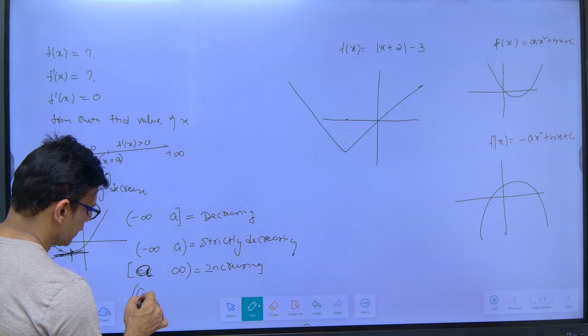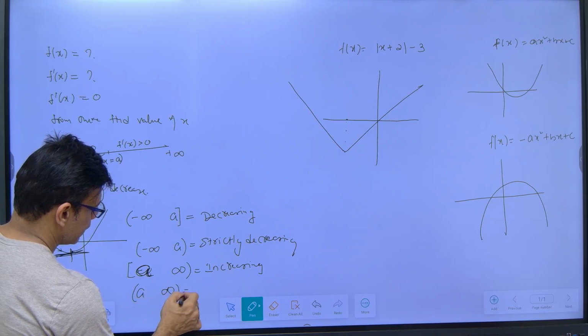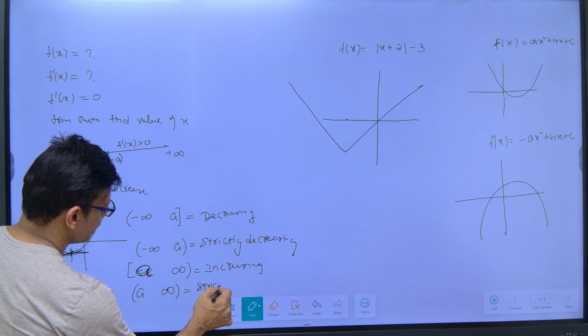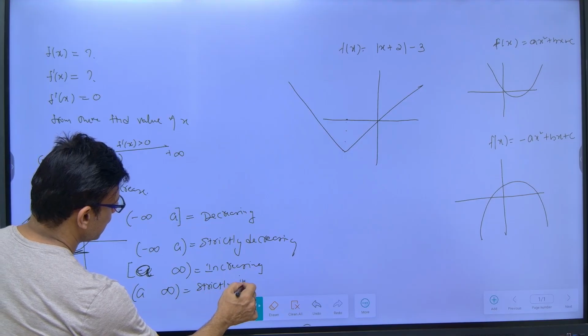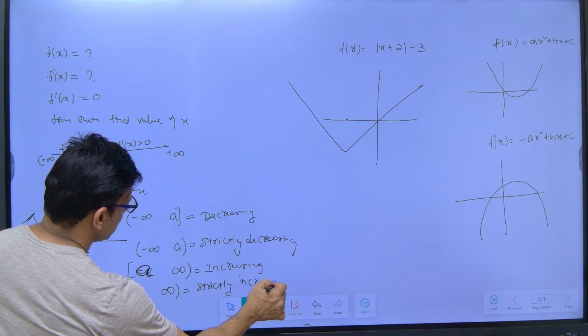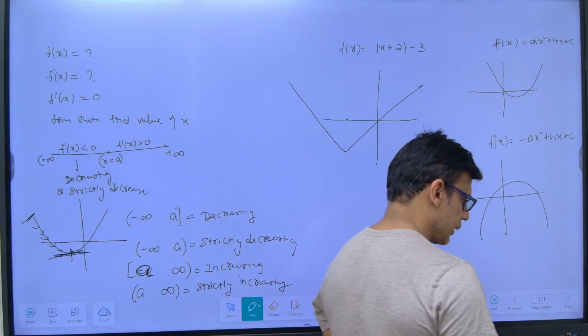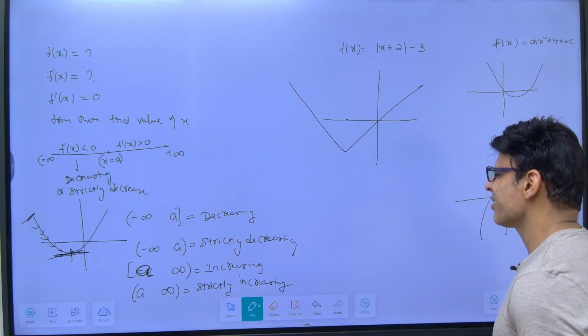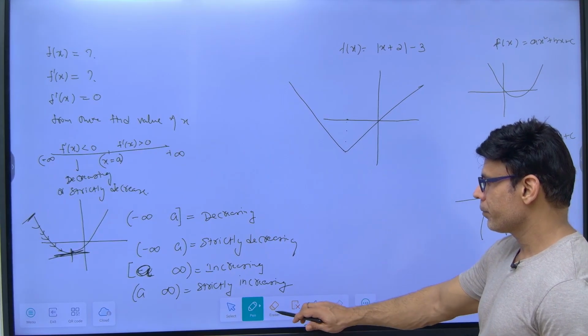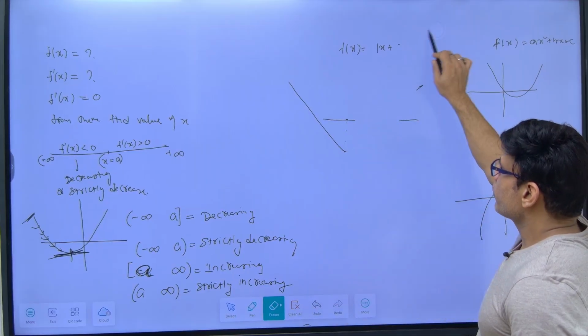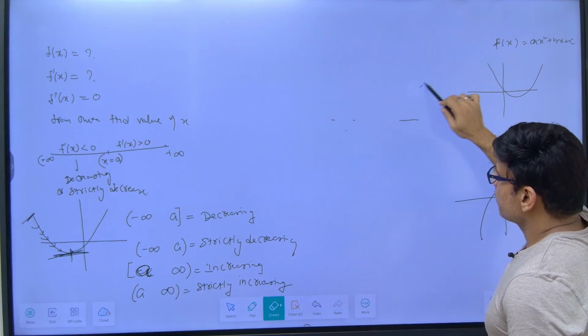If I exclude it, then this is called strictly increasing. One is increasing and the second is strictly increasing. Clear? Now you know what increasing and strictly increasing mean.